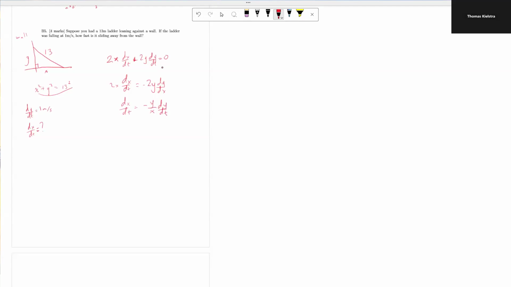And as we're going down 1 meter per second, that means my change in y with respect to t is actually negative 1 meters per second. So dx by dt equals minus y over x times minus 1, which equals y over x.